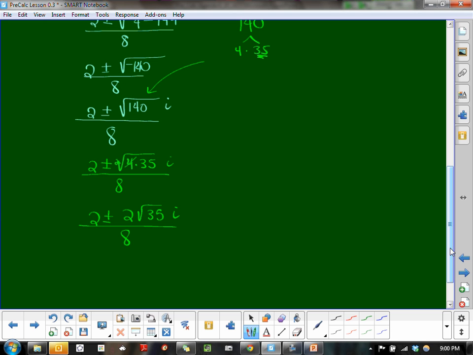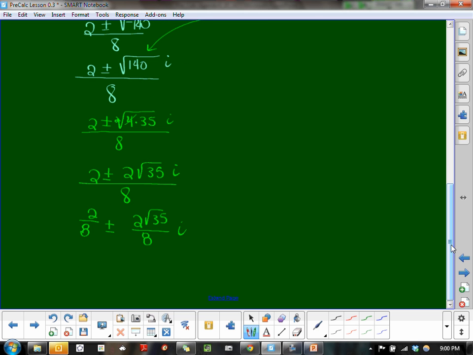Finish it up by putting in your standard form for a complex number. It's going to be 2 over 8 plus or minus 2 times the square root of 35 over 8 i. Now simplify your fractions and you'll have your final answer. So we'll simplify 2/8 as 1/4, and we'll simplify 2/8 again as 1/4, so it's going to be 1/4 plus or minus the square root of 35 fourths i.